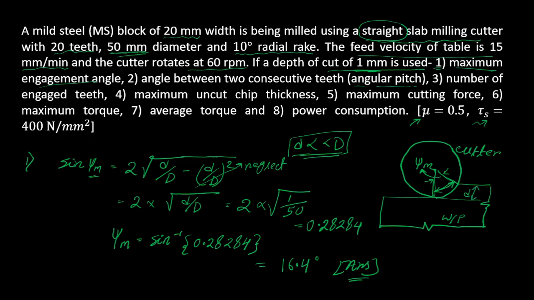Now the next question: the angle between two consecutive teeth. This one is also a very interesting question. Let's go to the next page. This is my milling cutter, correct? Please ignore the drawing.